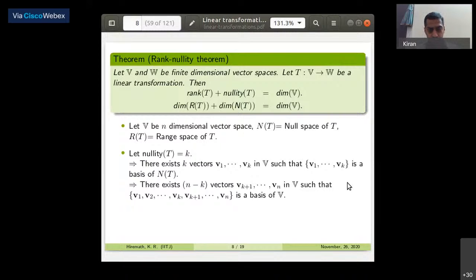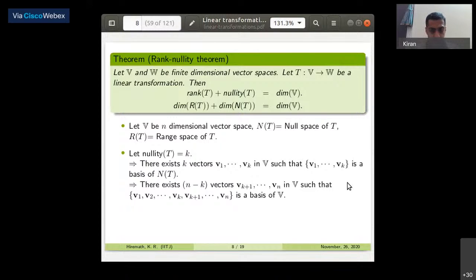If I know k out of them, I can search for the rest, n minus k, and make it complete. How to do that? It can be a daunting task, no doubt, but at the level of logical reasoning, it's possible. So let us remain there and accept this.